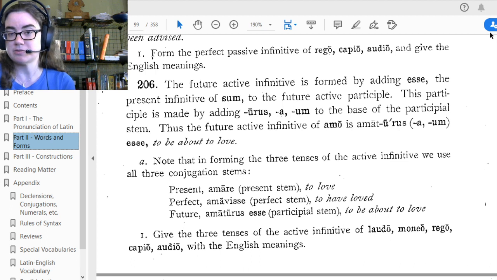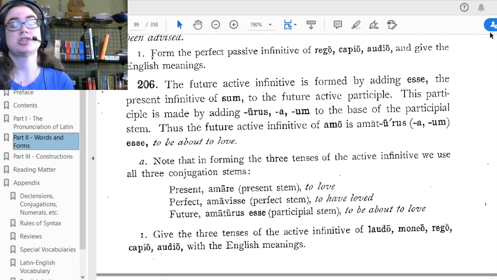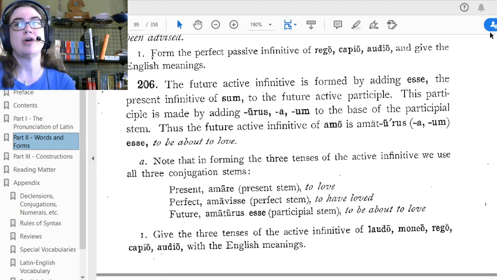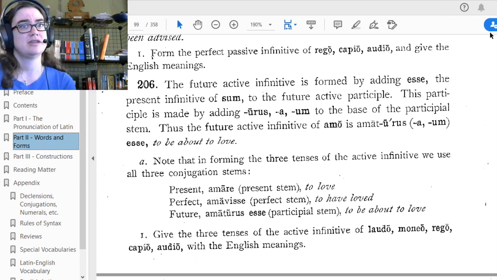The verb to be does not have a passive. So sometimes when dictionaries give you the principal parts of to be, they put futurus, the future active participle of to be, in as the fourth principal part because there is no regular fourth principal part because there's no passive. And if you have no passive, you can't have a fourth principal part because the fourth principal part is the passive perfect participle. So futurus. All right.